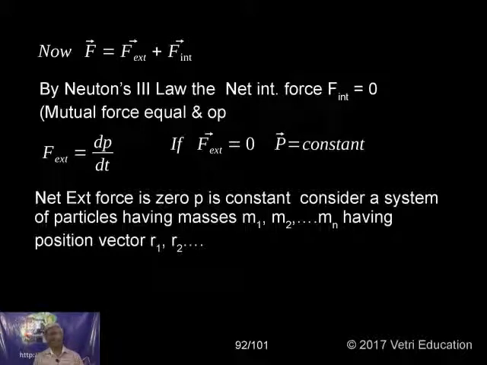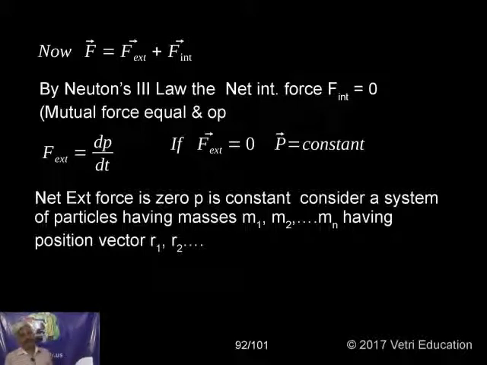So according to Newton's law, the net internal force is 0. Net internal force means they are acting in different directions, and the net force becomes 0. If it is subjected to an external force, one force acts in one direction and the particle comes back to its original position.